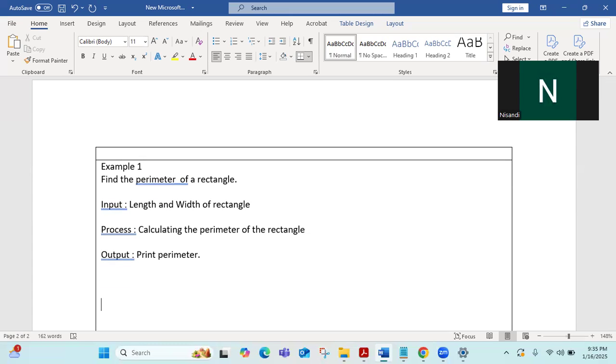Now if you take this process, to do the process you have different alternatives. So we say that is the solution space.